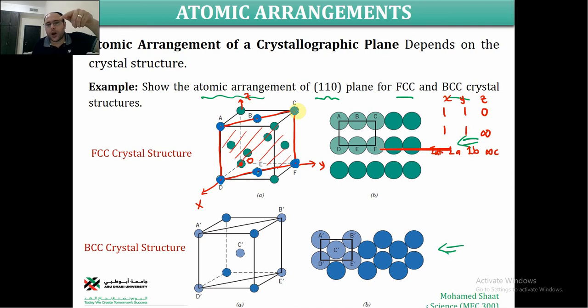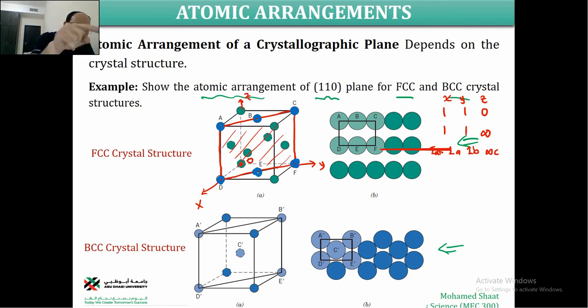If you go up, there is no in-between atom. There are no atoms in the middle, except C and F. And also you have to investigate the core over this red highlighted plane. Do you think that there is any atom in the middle over this face? No, all atoms are distributed over the edges of this plane.